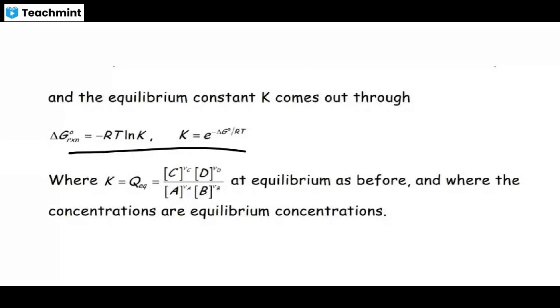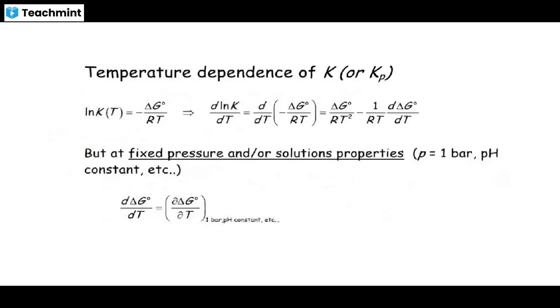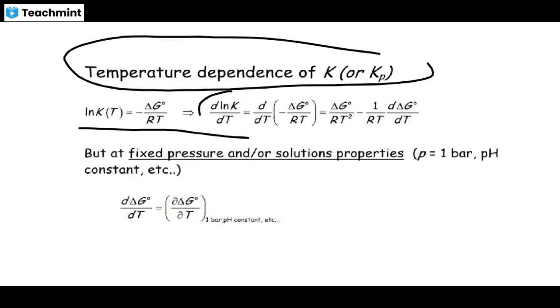At equilibrium the equilibrium constant K is the same, with equilibrium concentrations, and the formula is the same. Now the temperature dependence of K: if you want to determine it, just differentiate with respect to temperature. Here also differentiate with respect to temperature. You get delta G divided by RT squared minus 1 by RT d delta G by dT.